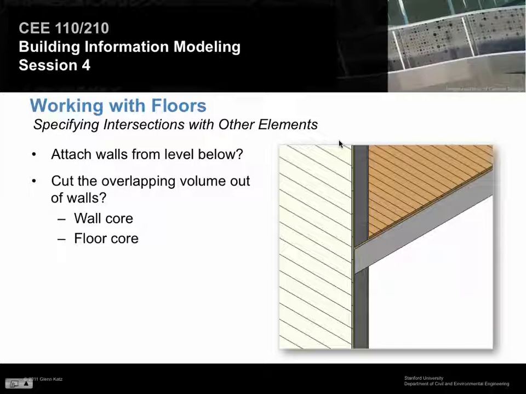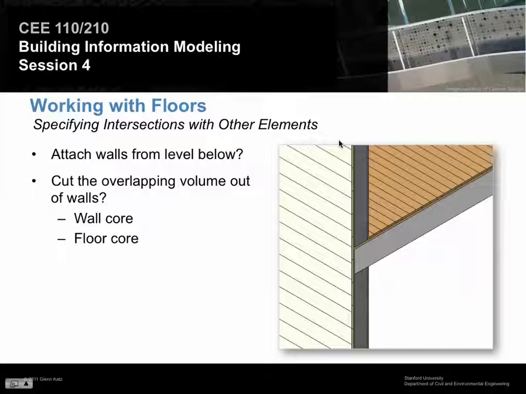There's this whole thing about where you put your floor lines, to the exterior face or the core face. And if you stay to the core face, the structure will be held back and the material will wrap. So that's one of the things we're going to be playing with, this whole notion of where you put the line. Another thing we're going to play around with is some questions that come up. Do you want to attach walls, and do you want to cut out overlapping volumes? And the answers are generally yes, but let's show you what the effect is of answering both different ways.